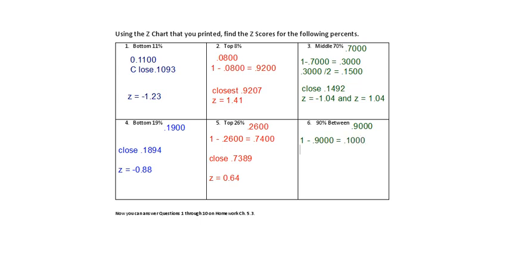But 0.1000 divided by 2 is 0.0500. So the next step is to look up 0.0500 or as close as possible. And for this, the closest that you're going to find is 0.0505. And for that, our z-scores are negative 1.64 and positive 1.64.